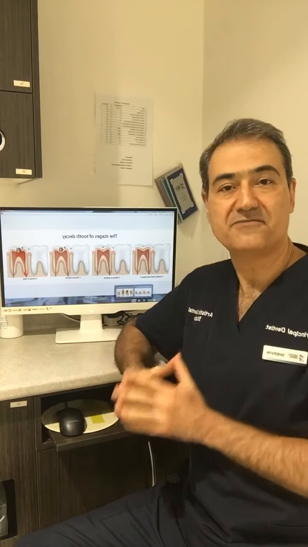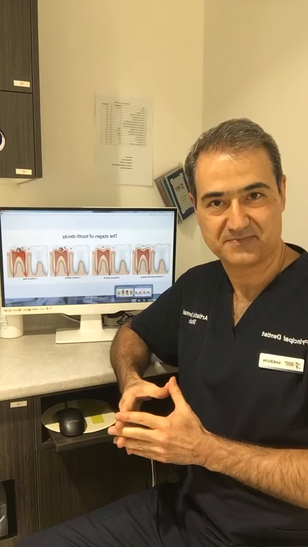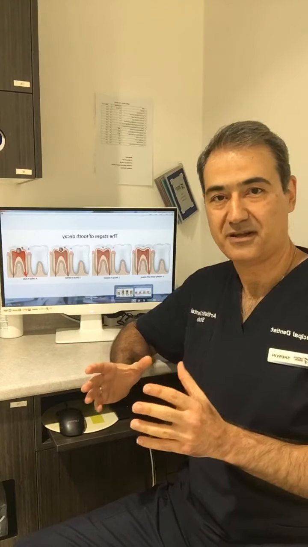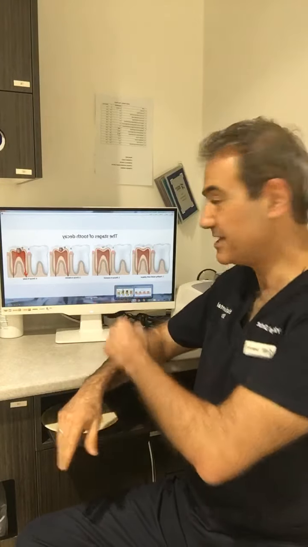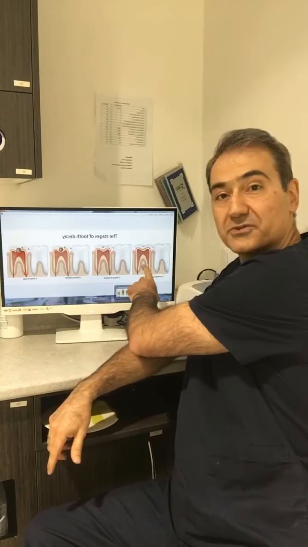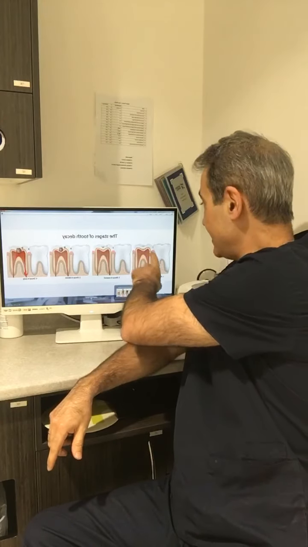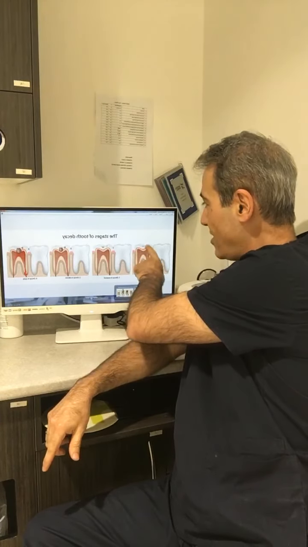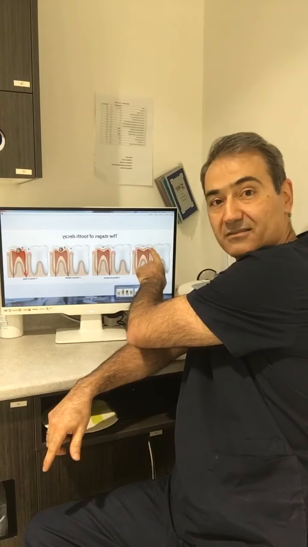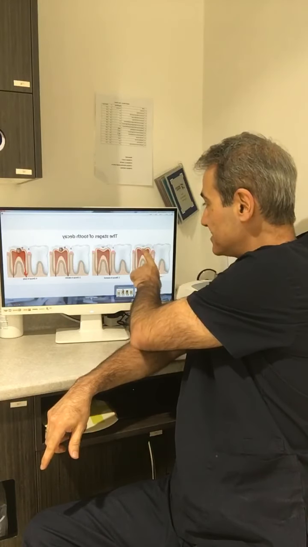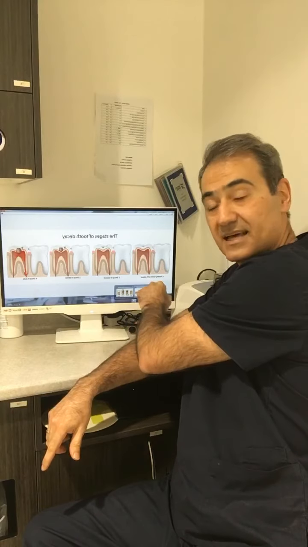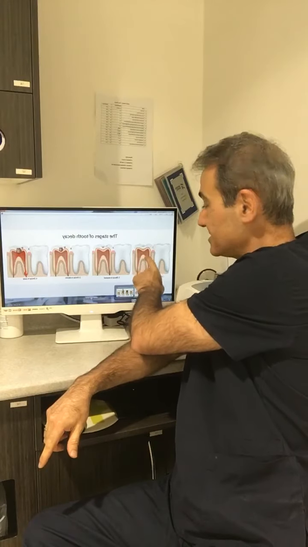Whatever causes infection in a tooth, if we just consider this picture here, this is the normal tooth, and as you can see, it is covered with a hard enamel shell, and underneath is the softer material, which is the dentin, and then the nerve inside the tooth.